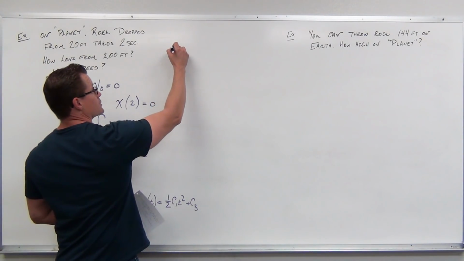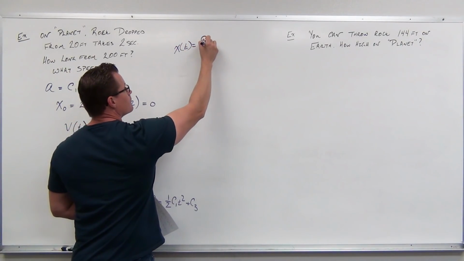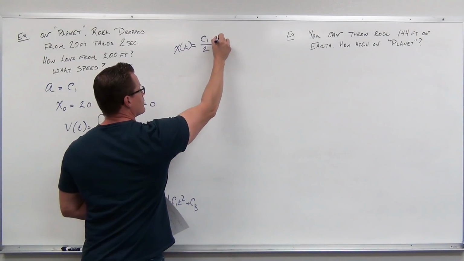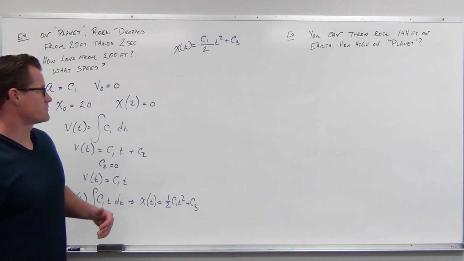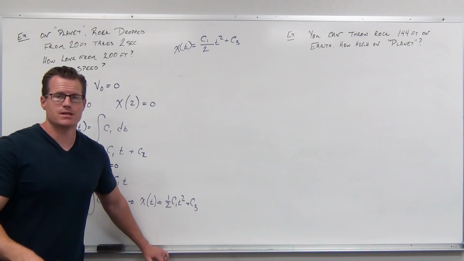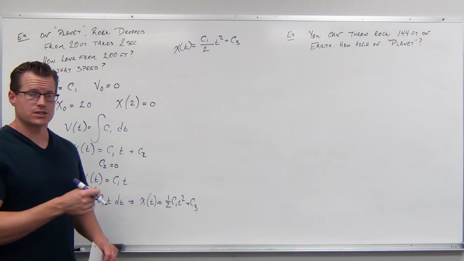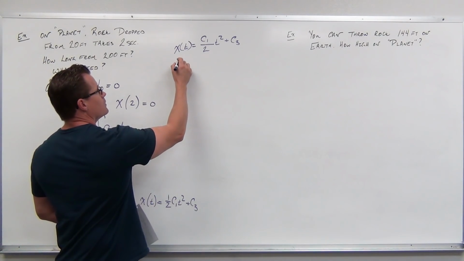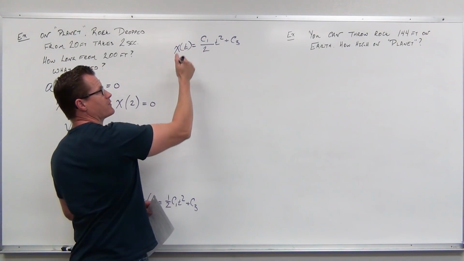So our position function is C1 over 2 t squared plus C3. But we have an initial position. We know that we start from 20 feet. So we can go ahead and find our C sub 3 here. So at time of 0, that zeroes this whole thing out, we have 20 feet.